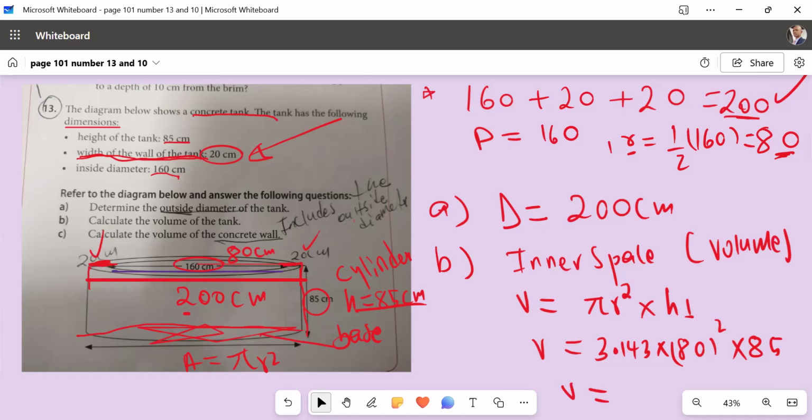Maybe I should grab our calculator directly from my app. I'm going to say 3.143 multiplied by 80 squared.